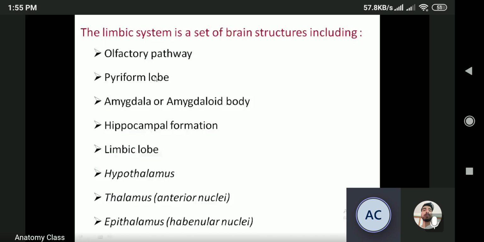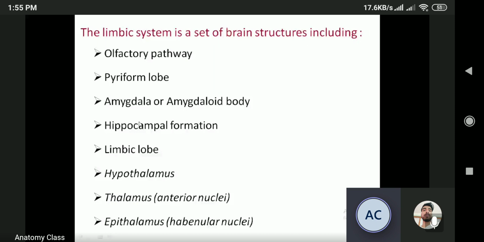Then the limbic lobe, which includes the septal area, cingulate gyrus, parahippocampal gyrus, hypothalamus, anterior nuclei of thalamus, and habenular nuclei of epithalamus. These structures are all included within the limbic system, and we'll be dealing with individual parts in detail.